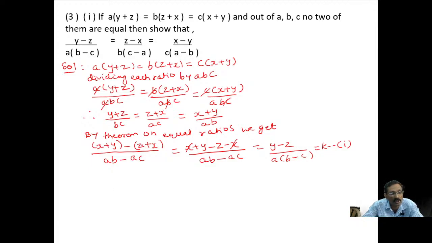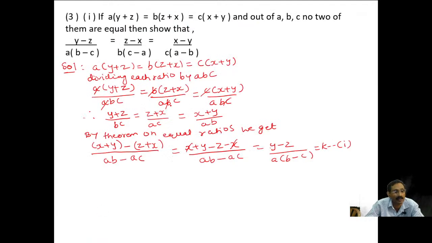Now, similarly, I am going to use theorem on equal ratios. By theorem on equal ratios, what we are going to get is, if you take this line, z plus x, and this in the third, y plus z, this I will take and I am going to separate it from this.